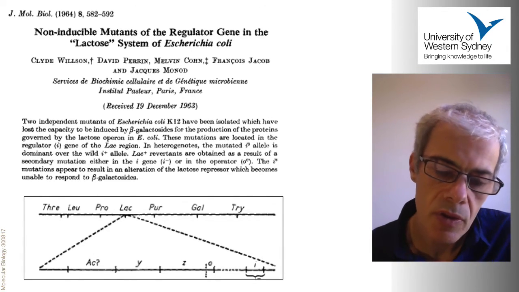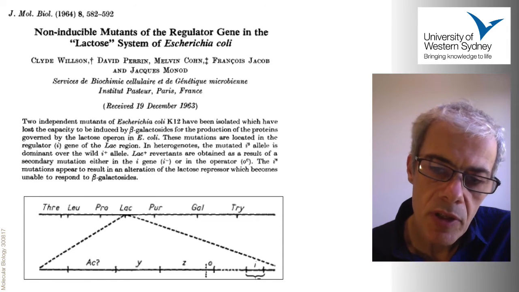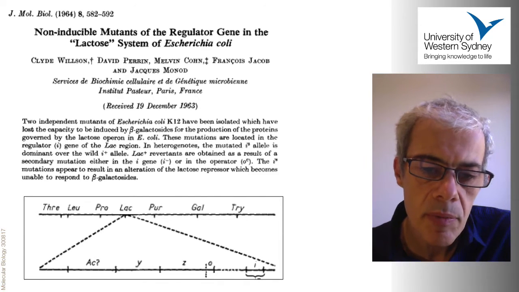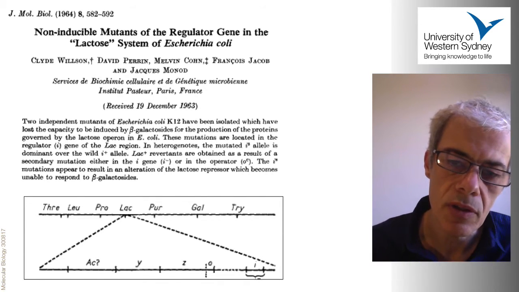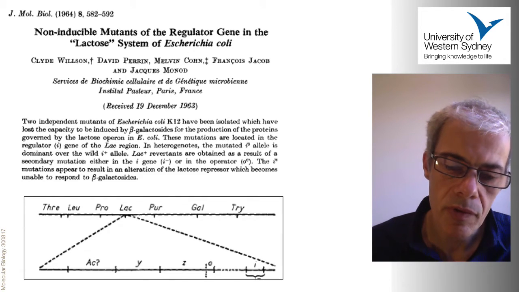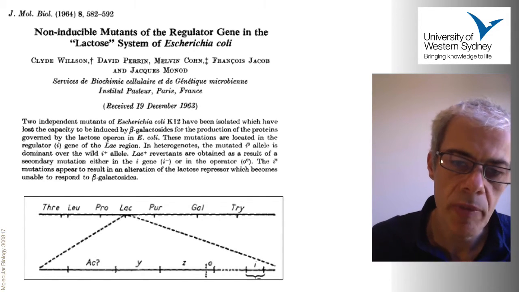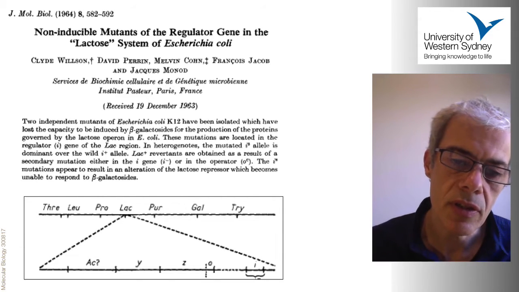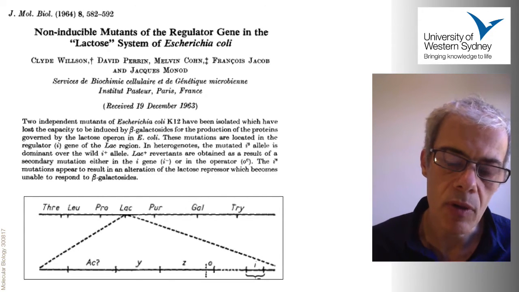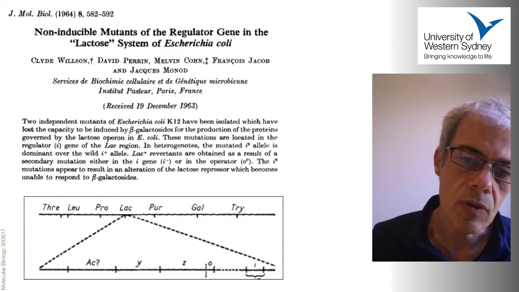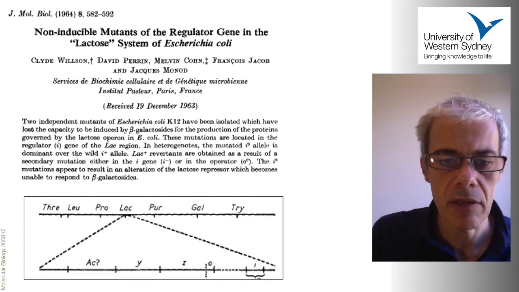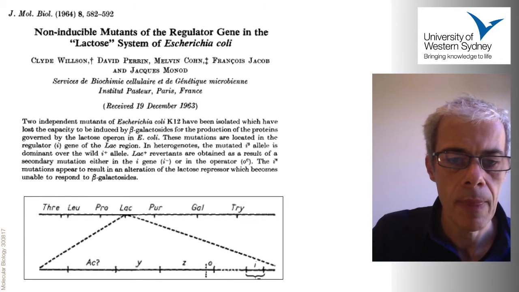They expose the bacteria to a mutagen, and then they grow up those cells on probably glucose or something, and then they replicate them onto lactose, and then they look for ones that grow in the presence of one sugar but not the other, and then they can start to work out which mutants are unable to turn on the genes required. But let's not get into too much of that detail.